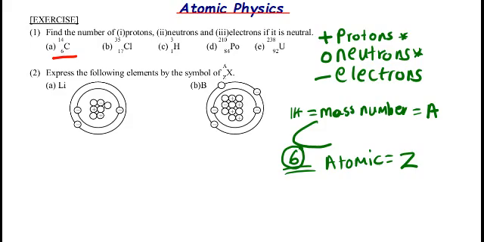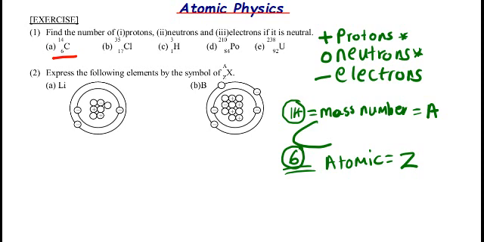And then the mass number or the nucleon number is defined to be the sum of protons and neutrons that are found at the center of an atom. Now this 14 simply means that in order for them to come up with this 14, they added the number of protons and the number of neutrons.